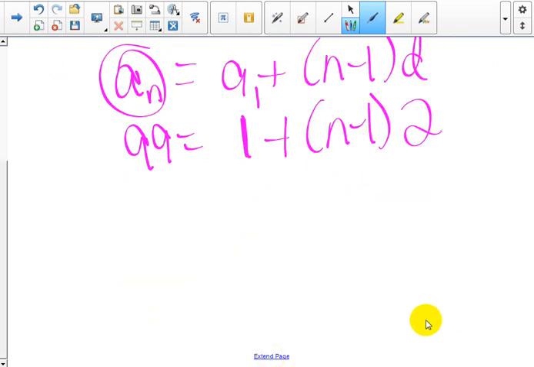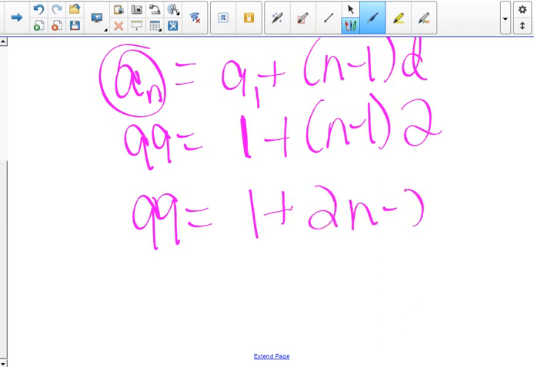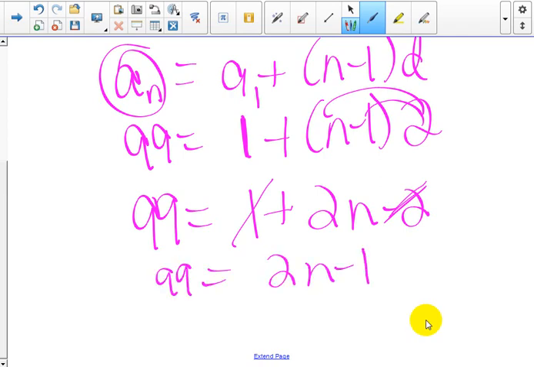Next, we're just going to do the math. 99 is equal to 1 plus 2n minus 2, because I distributed the 2 to both terms. Now 1 minus 2 is -1, so it's 2n minus 1 equals 99.